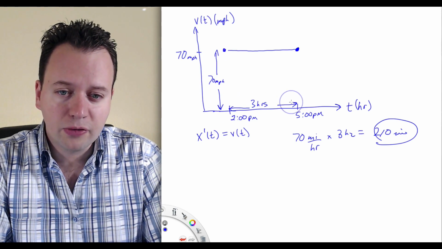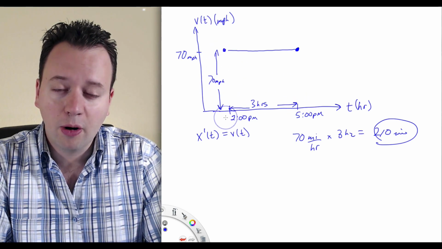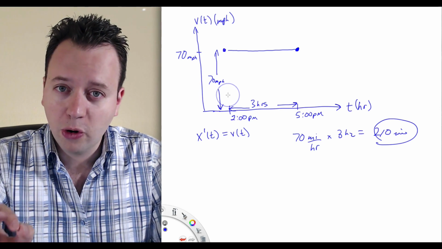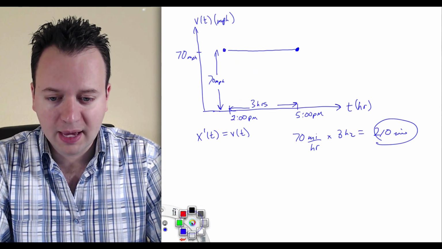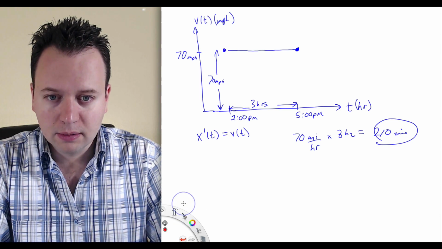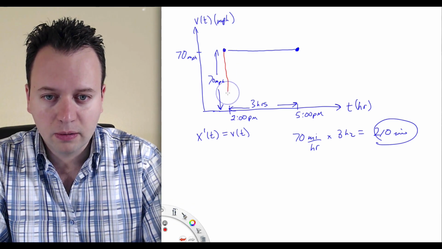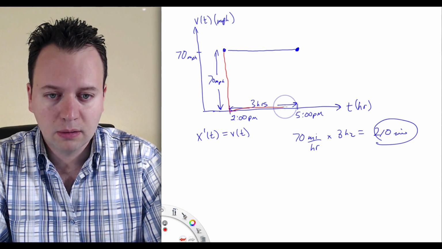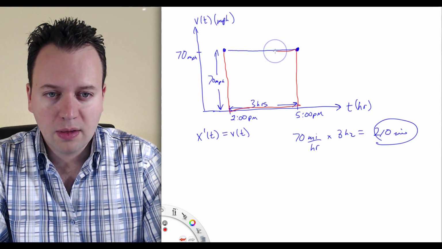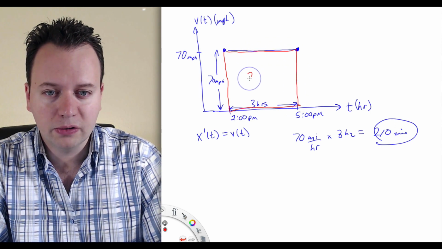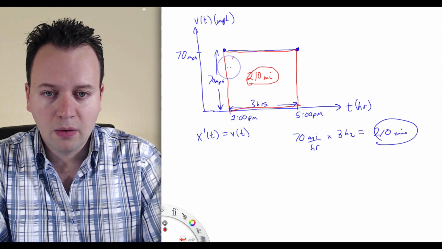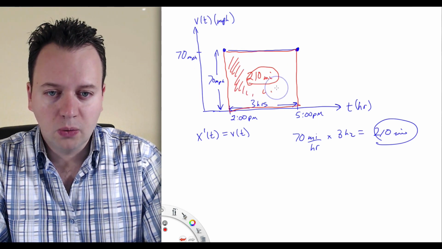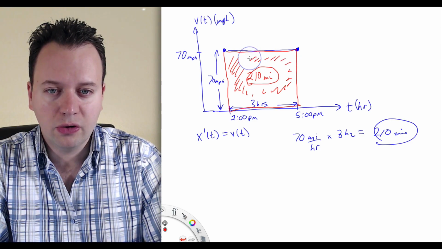So if I multiply 3 hours by 70 miles per hour, what I'm actually figuring out is the area of the following rectangle. If I make a rectangle, the area of that rectangle is going to be 210 miles, right? So why does area have units of miles?